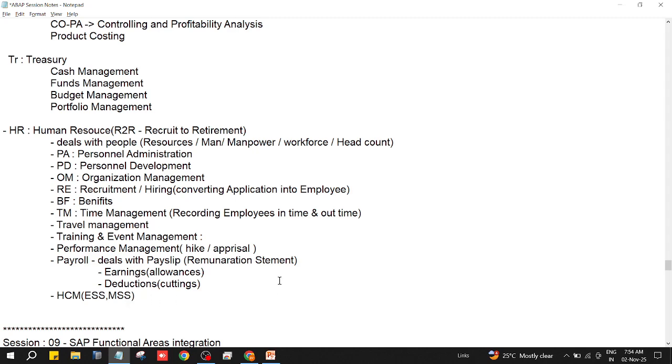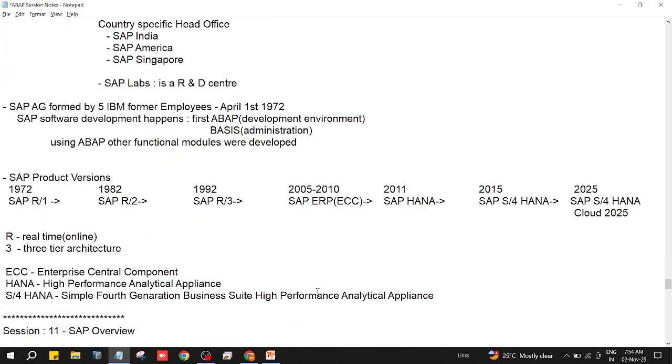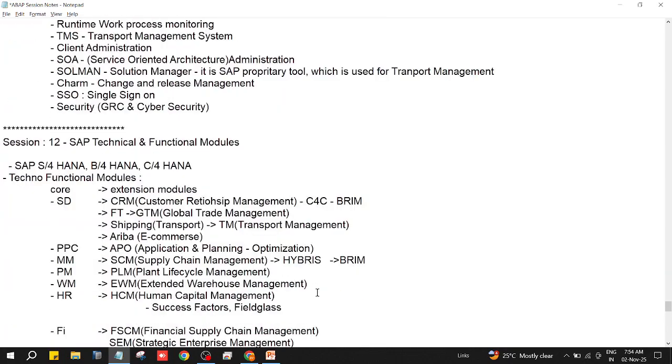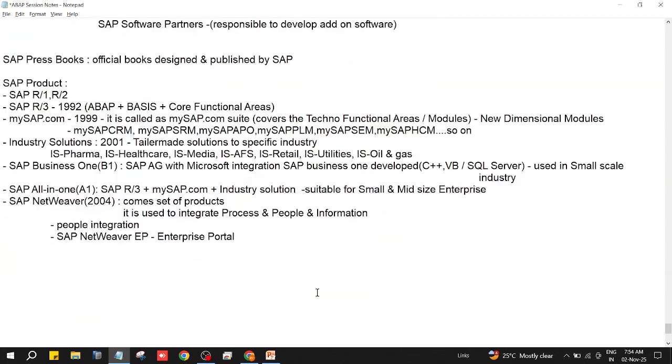This is implemented through EP portals. ESS and MSS are implemented via portals. The enterprise portal concept came into the picture so that through the portal we can connect people. Then there is MI, which stands for mobile infrastructure.